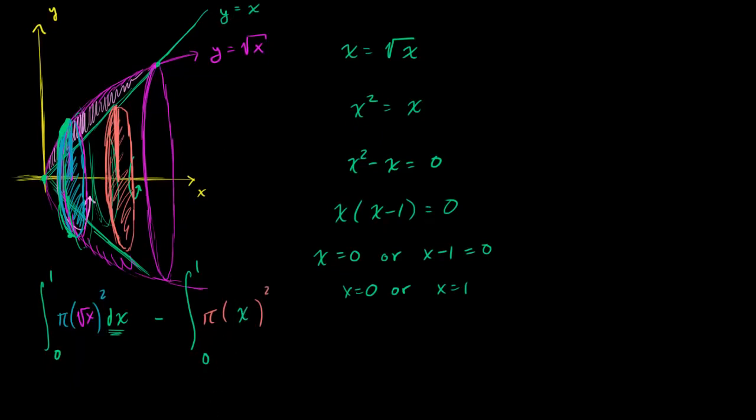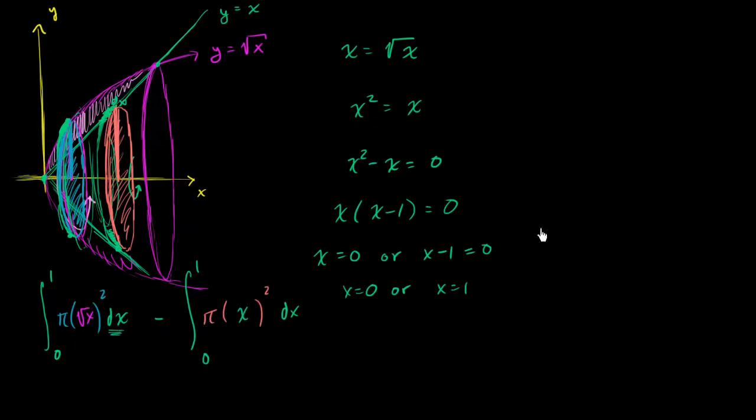And then we're going to multiply it times the depth of each of these disks. And each of these disks are going to have a depth of dx. If you imagine a quarter that has an infinitely thin depth right over here. So it's going to be dx. And so the volume of our truffle with the cone carved out is going to be this integral minus this integral right over here.